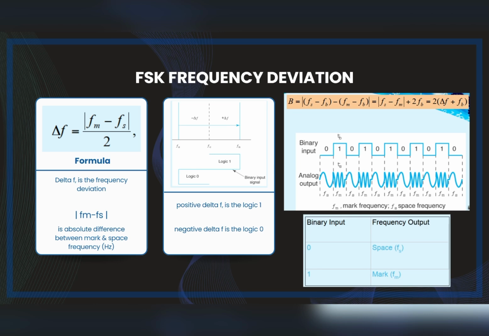The second image is the positive delta F, which is for logic 1, and also the negative delta F, which is used for logic 0. Frequency deviation can be seen in the third image, where the mark frequency is the binary digit 1 and the space frequency is used for binary input 0.